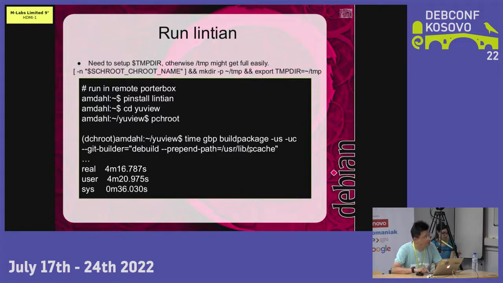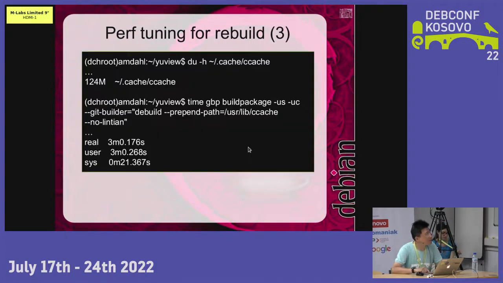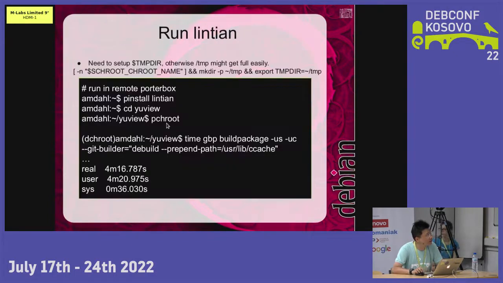In the previous slide I used the no-lintian parameter here to prevent running Lintian. So this run is without Lintian, and this run is with Lintian, and it takes about 4 minutes and 16 seconds.